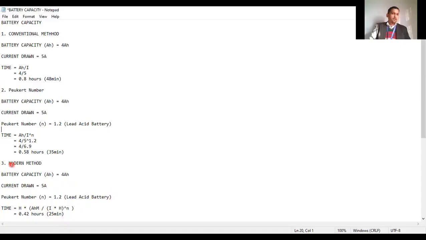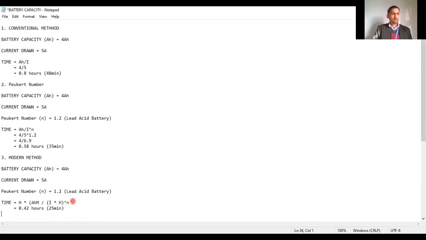Okay, let's do it. By using the modern method, we have this formula, and for that we have the battery capacity of 4Ah, current is again 5A, Peukert number is 1.2, and by putting all these values in this modern formula, we get a battery time period of 25 minutes, which is the most accurate formula.